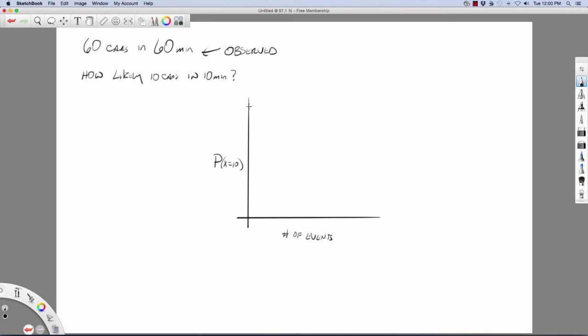We started out with a certain event, 100%, so 1, and as we increased, we went from 1 minute all the way down to 1 second, and we saw a steady decrease, and then it started to flatten out.